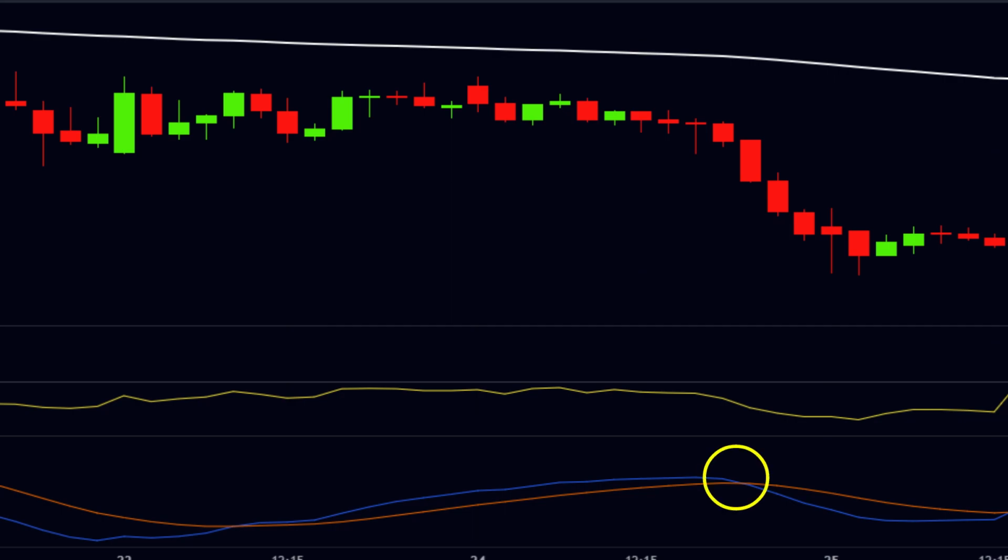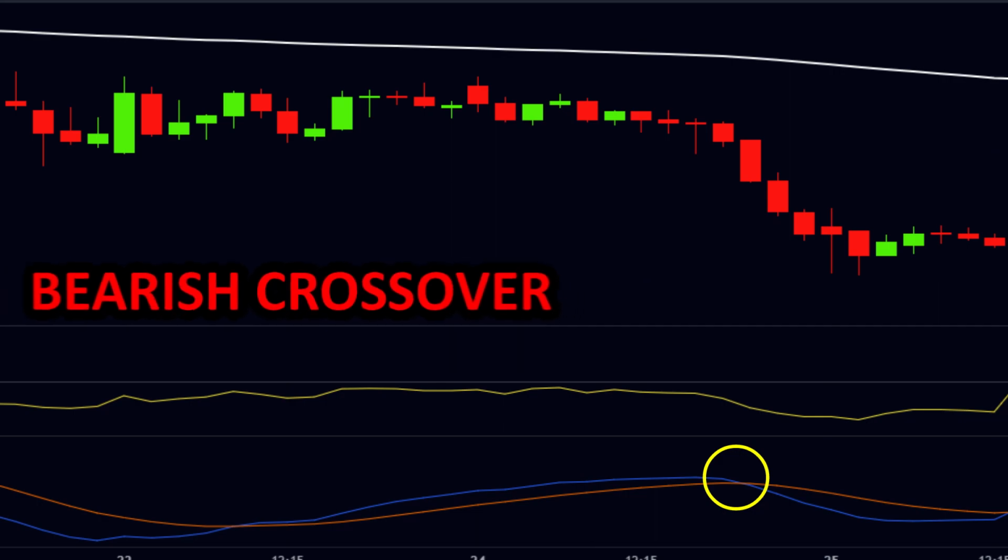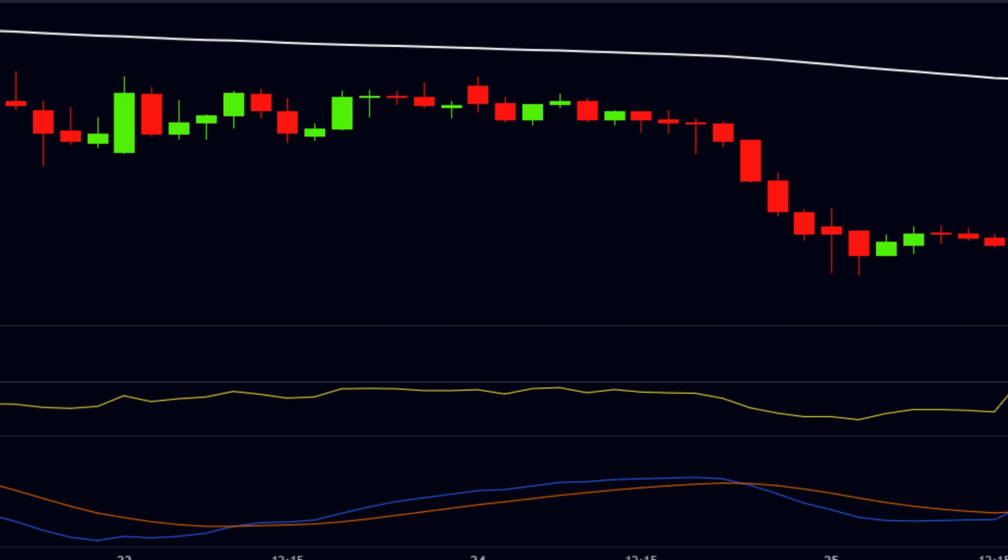Here the MACD line crosses over the signal line from upside to downside, so this is our bearish crossover. Thus, all the conditions are satisfied here. So, we will sell at the low of this candle, our stop loss should be above the high of this candle, and our target should follow our 2:1 risk-reward ratio. You can see, after our sell entry, the price made a good down move.